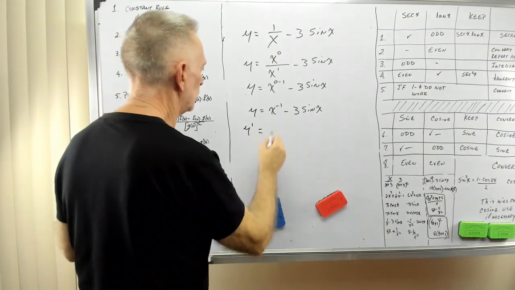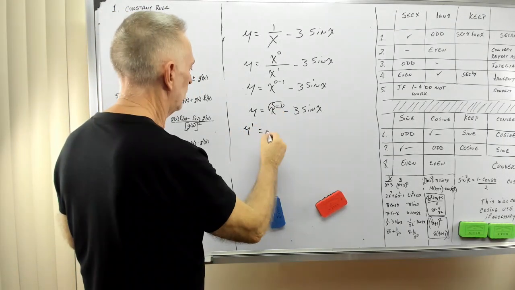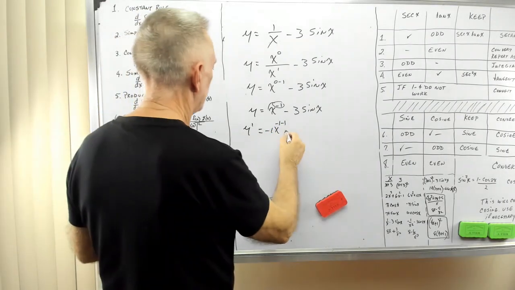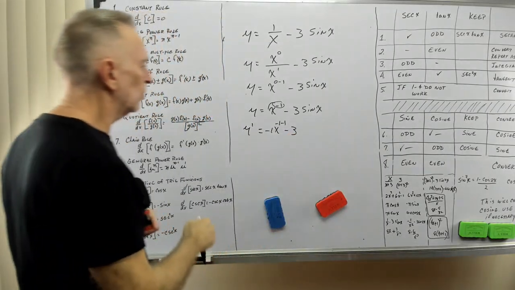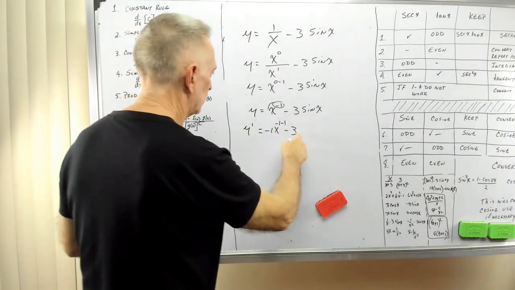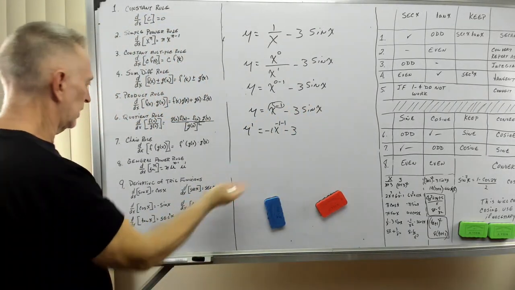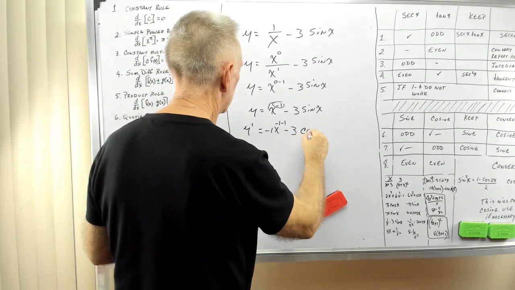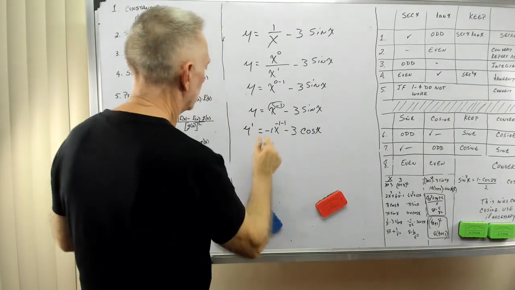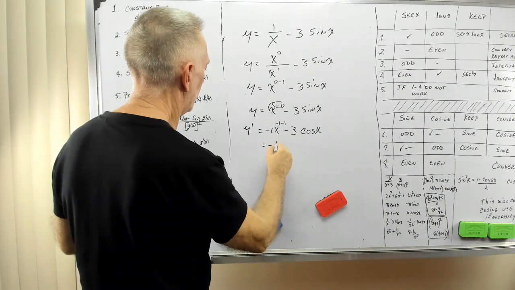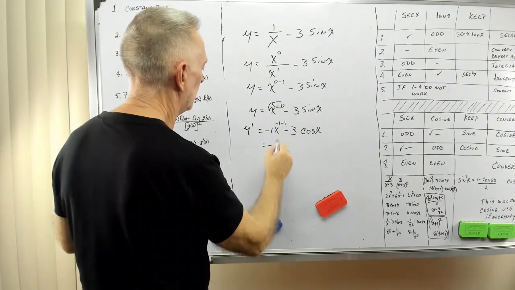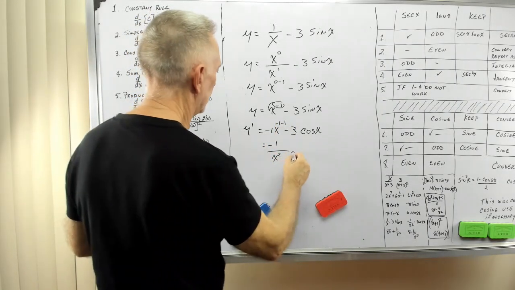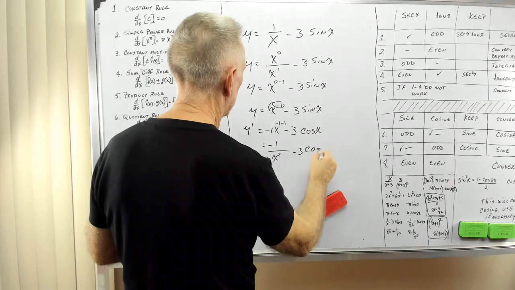Y prime equals, bring down the negative 1, x to the negative 1 minus 1, minus, now the constant multiple rule. I'm going to take the 3, now the derivative of sine x. I'll pull the 3 out. The derivative of sine is cosine x. Okay, so I have a negative 1 over negative 1 minus 1's, x squared, x to the negative 2, and I'll move it back down, minus 3 cosine x.